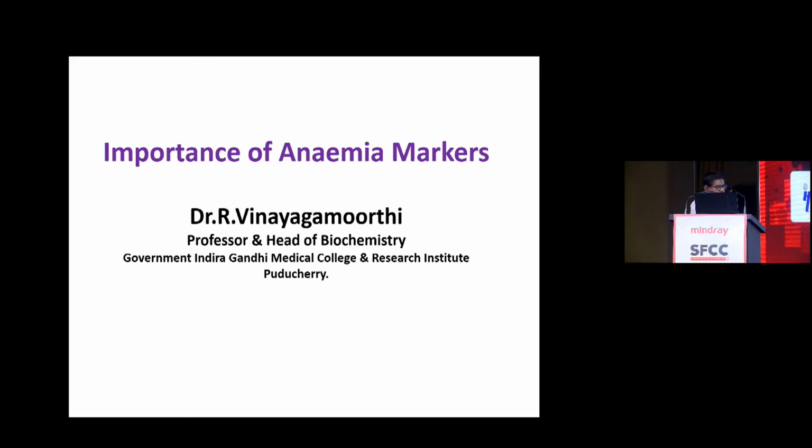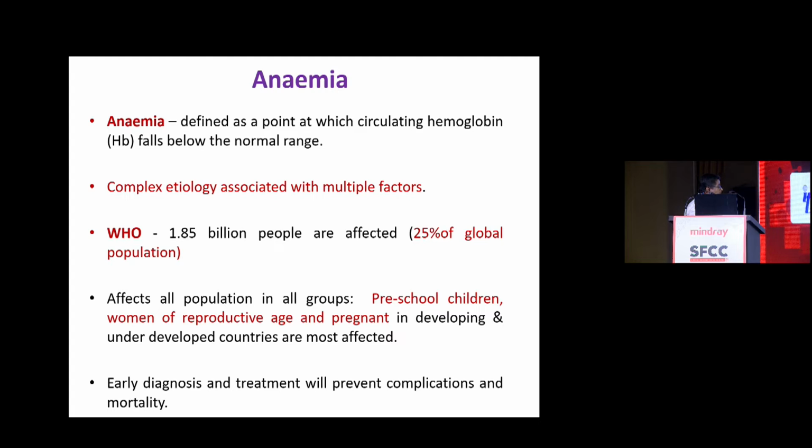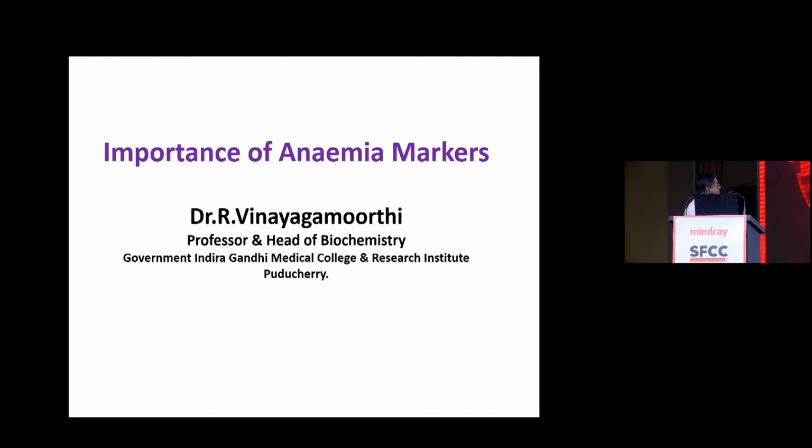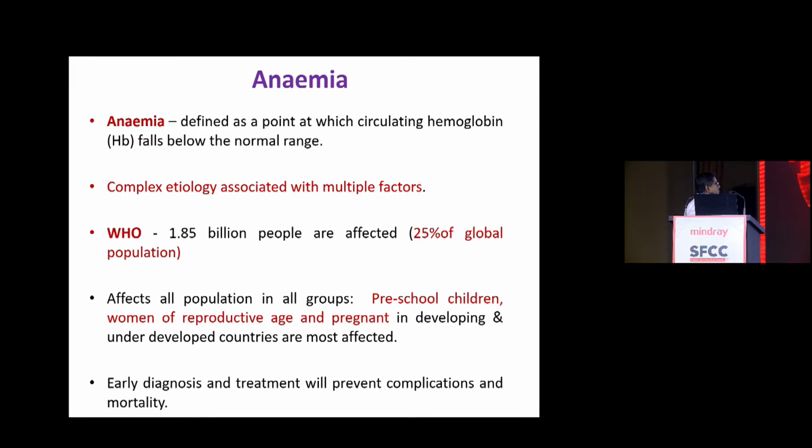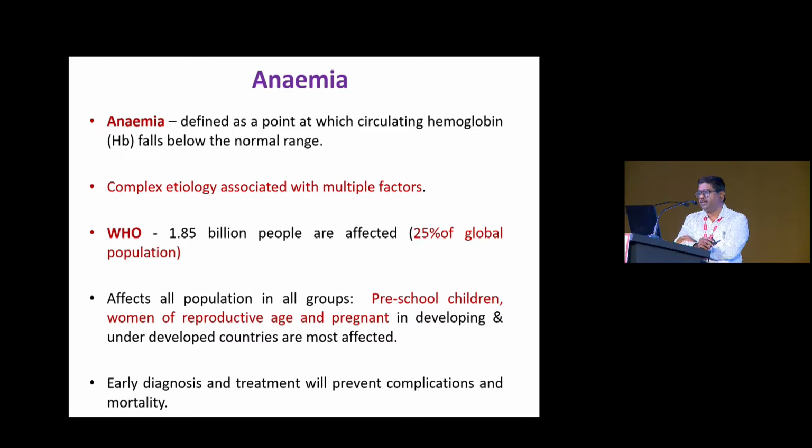My topic for the discussion is the importance of anemia markers. Anemia is a global problem. It is defined as a low hemoglobin concentration when compared to the reference range. It affects almost one-fourth of the global population, even though a lot of sensitization programs have been conducted.